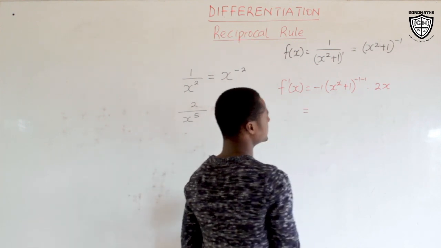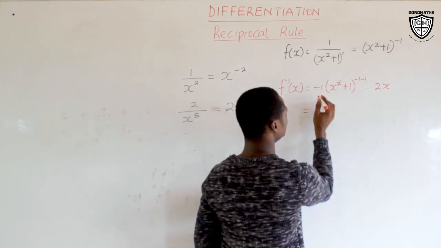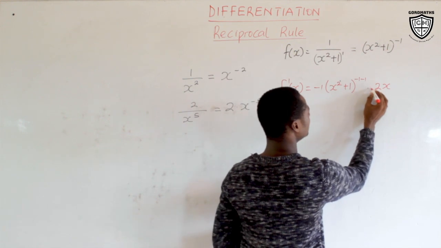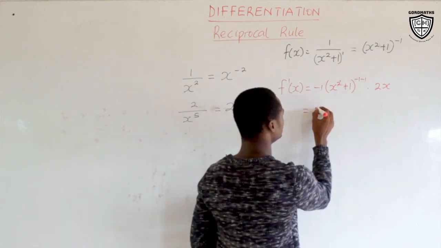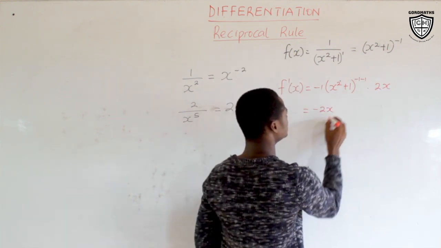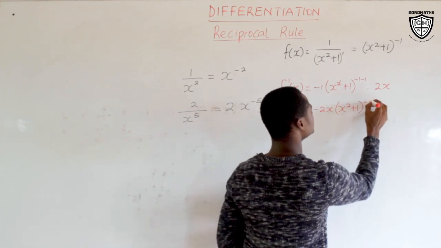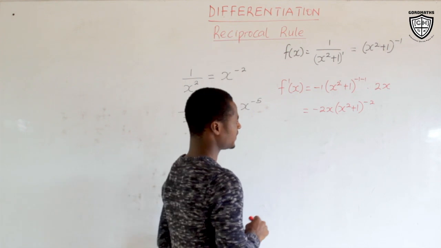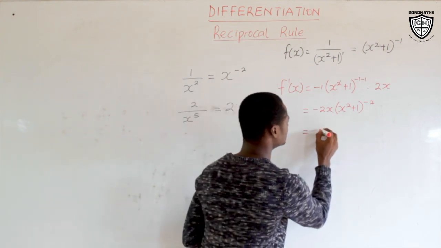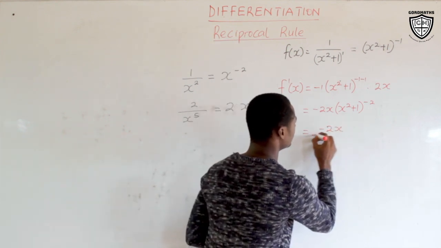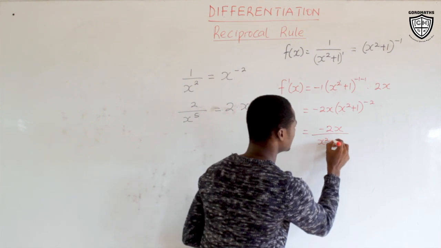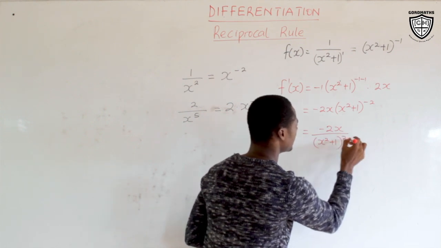This will result in, since we are multiplying, we can multiply negative 1 by 2x here, and that will give us negative 2x. Then in bracket, we have x squared plus 1 raised to the power negative 2. This can be written as negative 2x over x squared plus 1 all raised to the power 2.